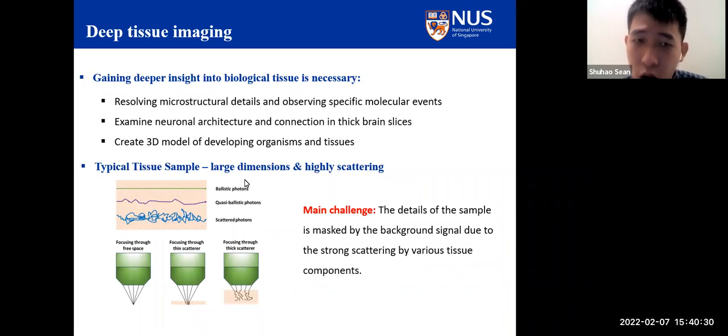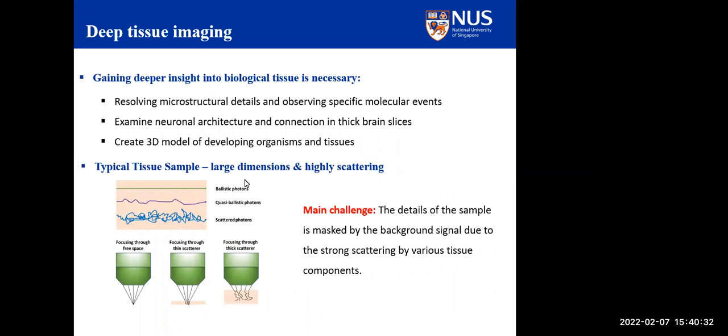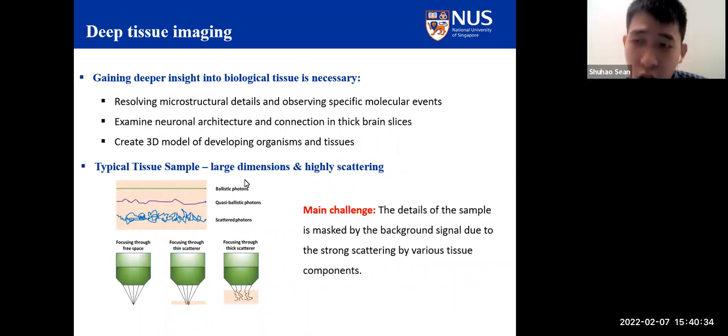Sometimes neural structures and connections are found in thick brain areas. So people now want to image very deep in the mouse brain or other animal brains. We want to create a 3D model of developing organs and tissue with high resolution, in a non-invasive way using the fluorescence microscope.